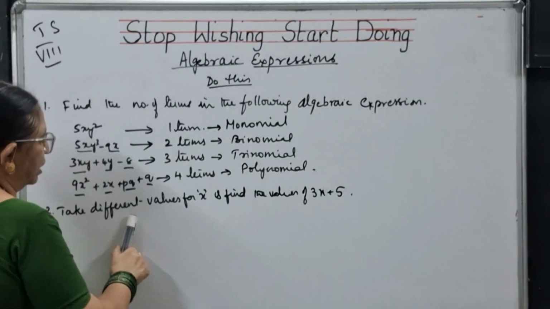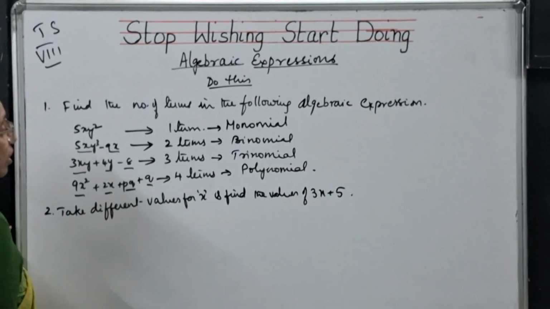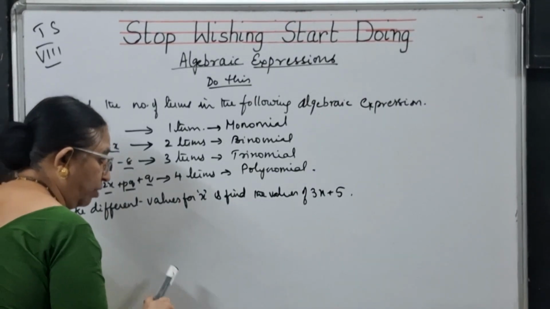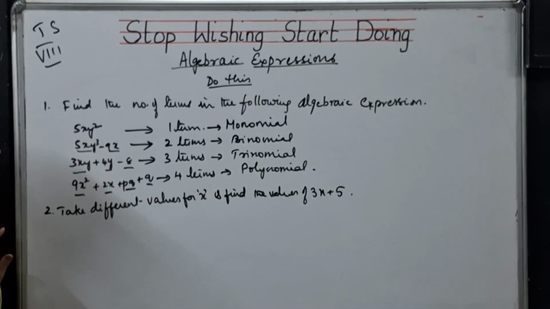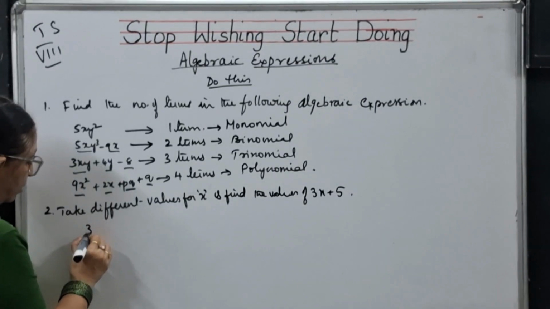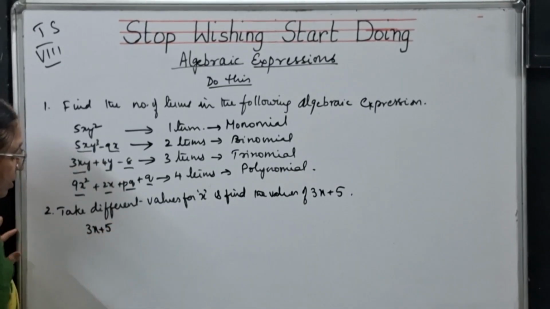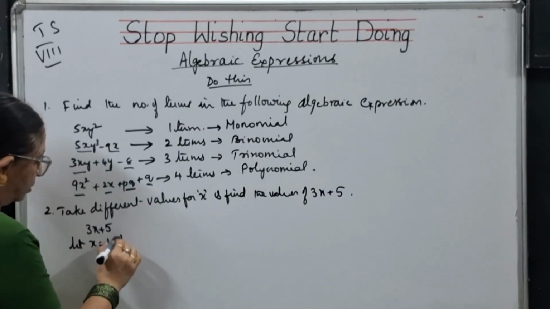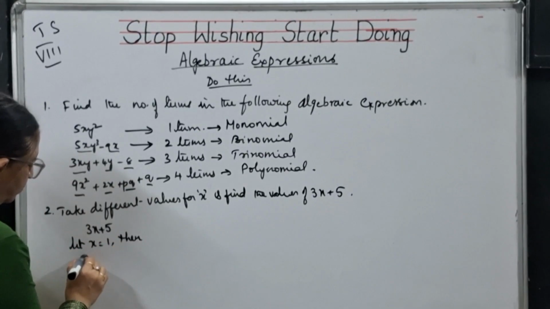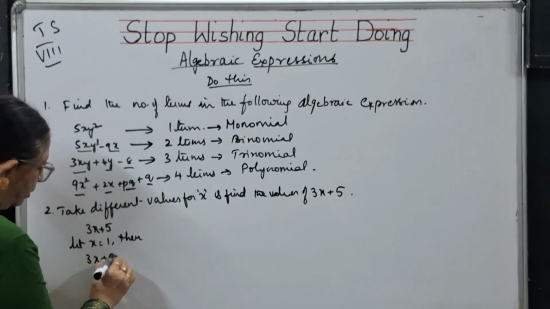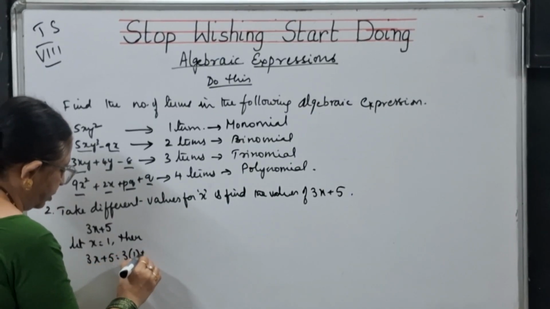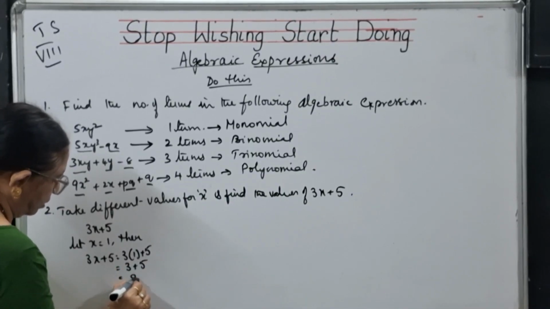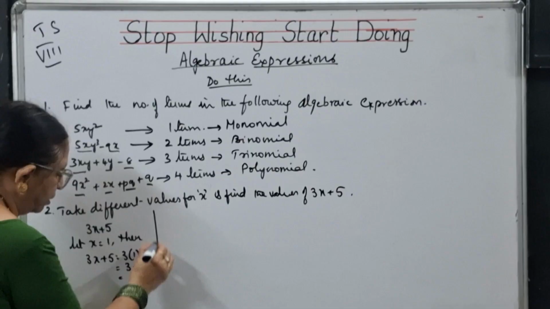Second problem, take different values of x and find the values of 3x plus 5. Earlier, just now I have done, children, with the 3x by taking different values. So let us take 3x plus 5 as the given expression. Let x be equal to 1. Then 3x plus 5 is equal to 3 into 1 plus 5. That is 3 plus 5, that is 8. 8 is the answer for it.